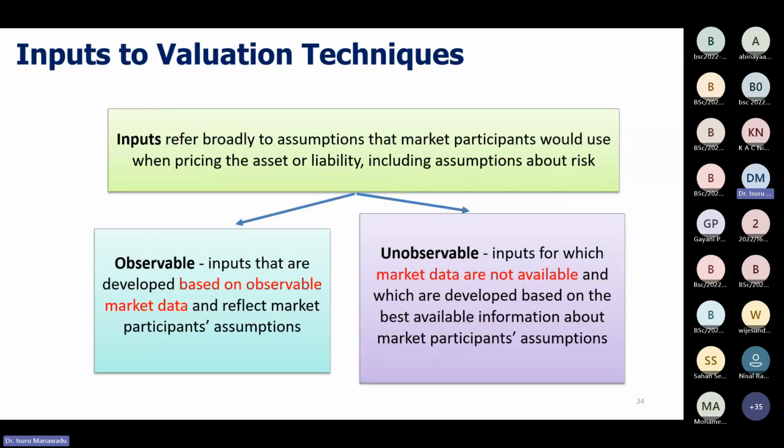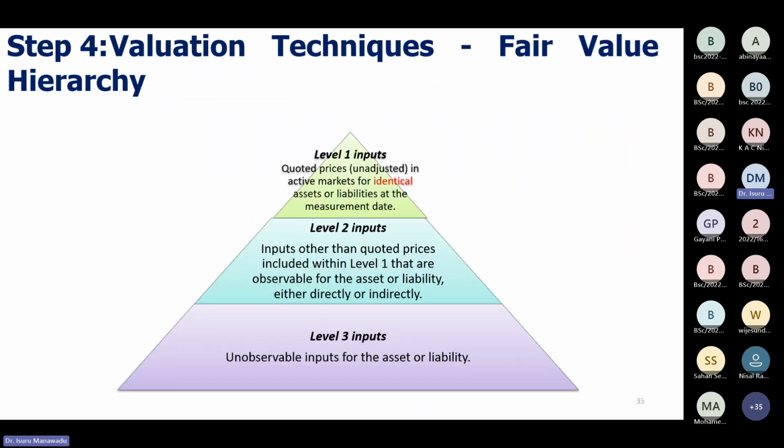So fair value is readily available. So that's observable data. But for some assets, we don't have such observable data. Market data is not available. Then we need to focus on unobservable inputs, level 2 and level 3, particularly level 3.